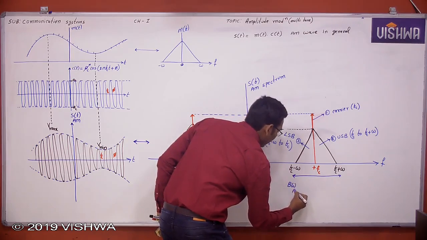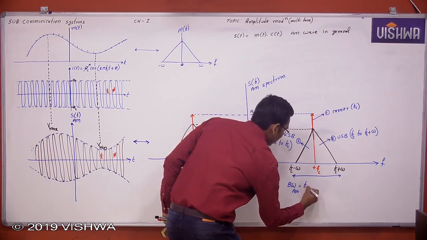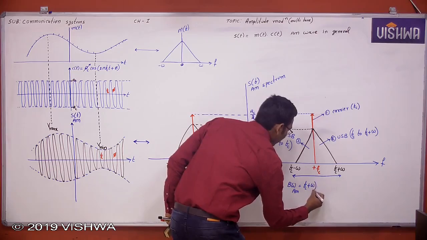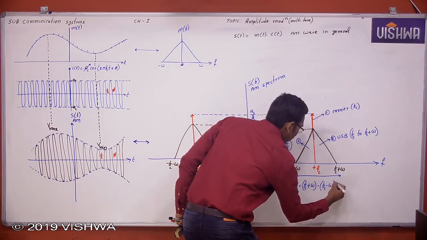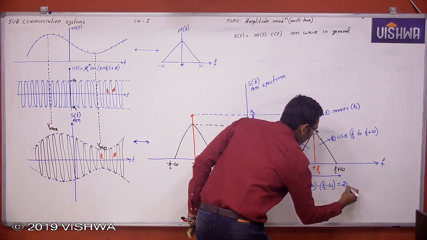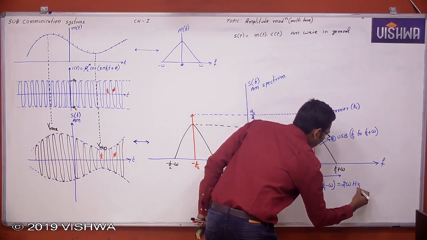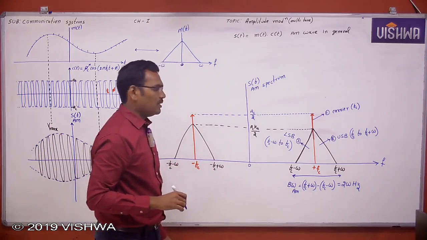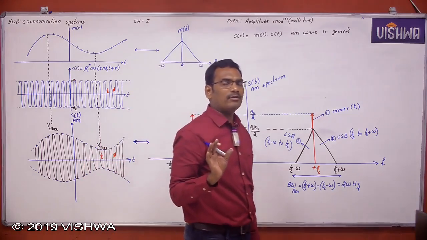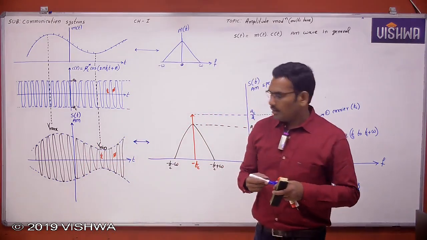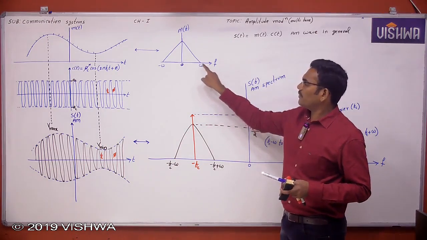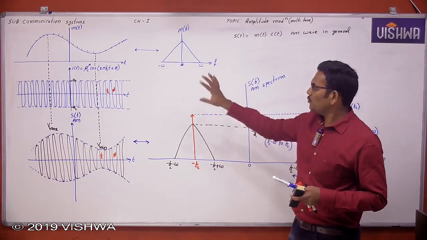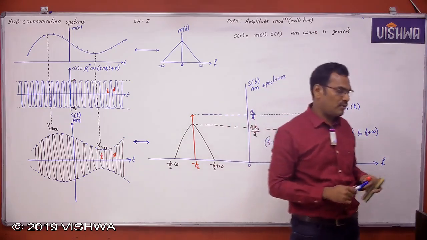Bandwidth of AM is equal to Fc plus omega minus Fc minus omega, which is equal to 2 omega hertz. Okay. This is the bandwidth required to transmit an AM signal, which is 2 omega hertz, where omega is the highest frequency present in the message signal. First you note down this, then we will discuss bandwidth and power.